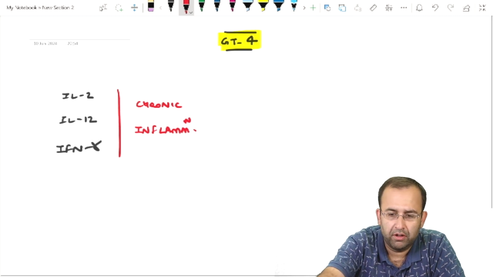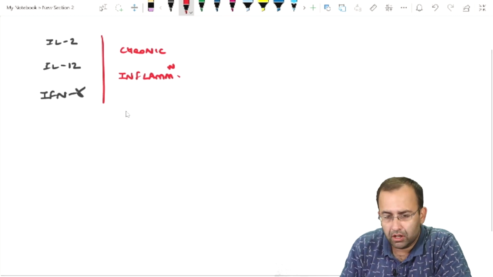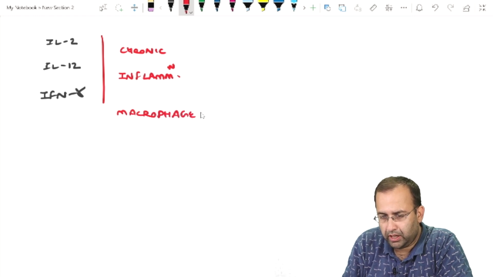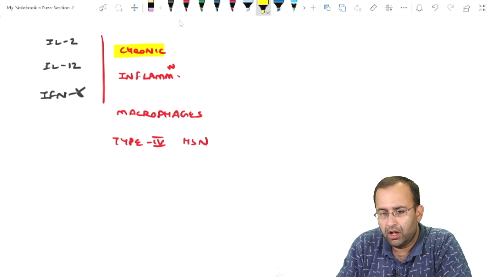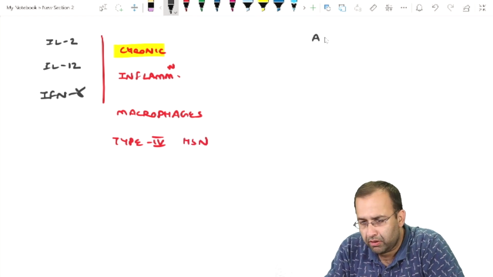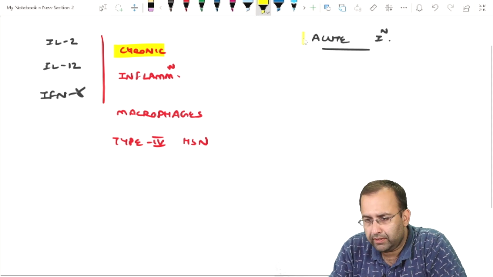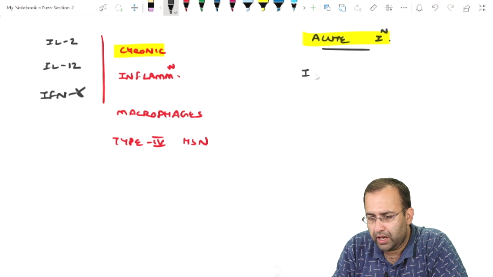Very important. Which is the main cell of chronic inflammation? Macrophages, associated with type 4 hypersensitivity. Versus acute inflammation, where the cytokines associated are interleukin 1, 6, 8 and TNF alpha.